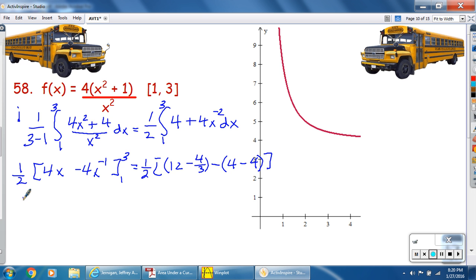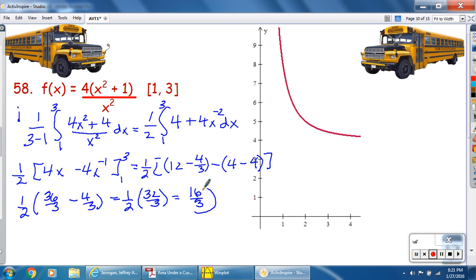Which would give me 1/2 of, if I change 12 into thirds, I get 36 thirds minus 4 thirds. And of course, 4 minus 4 is 0. So that's 1/2 of 36 minus 4 is 32 over 3. And that will give me an average value of 16 thirds.